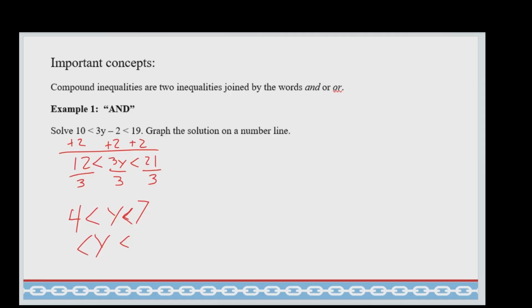In the and case, when we graph, I'm going to have a number line, and I need 4 to 7. 4, 5, 6, 7 is on my number line. And y is between those two. y is between 4 and 7.